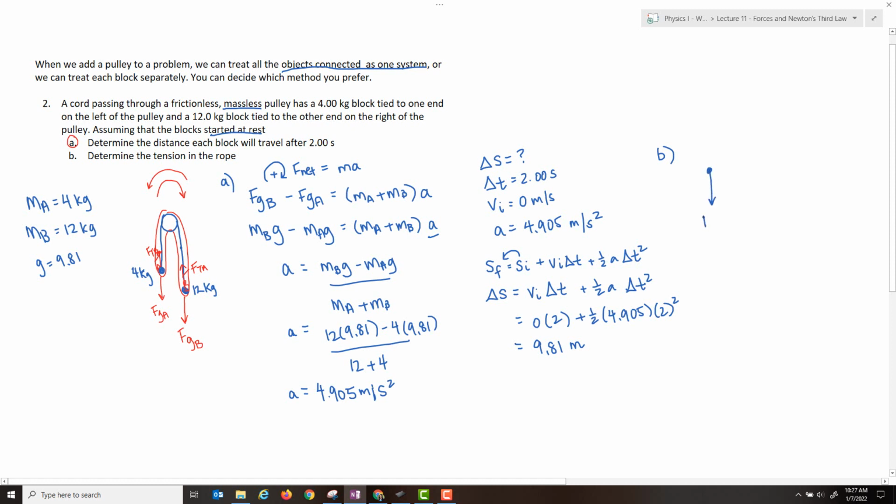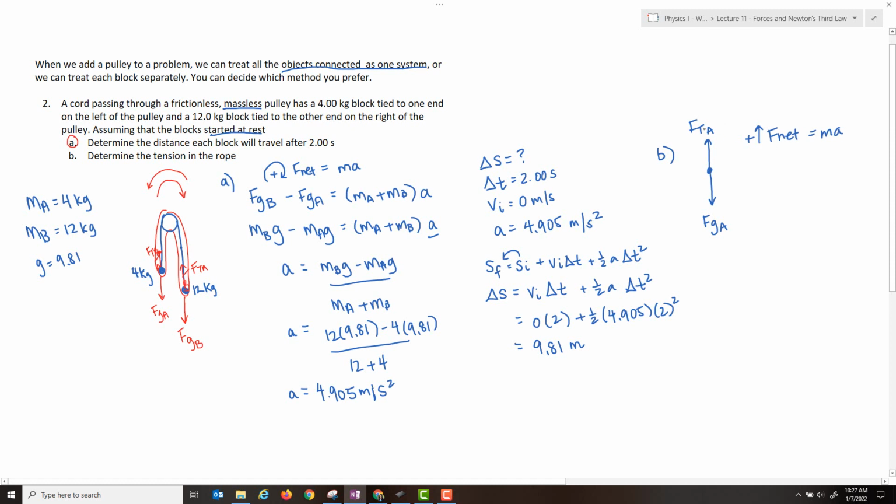So I'm going to do this of A, FGA, and this is the force of tension acting on A. Okay, so here I have my free body diagram, and I've already said that object A is moving upwards, object B is moving downwards. So if I did my F net equation for this object, I would say up would be positive. F net equals MA. What is my F net?